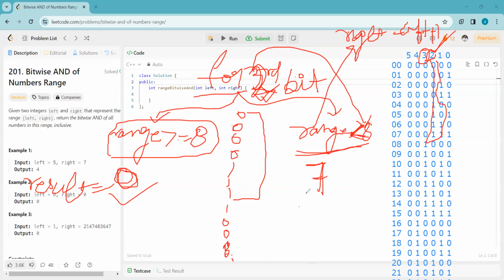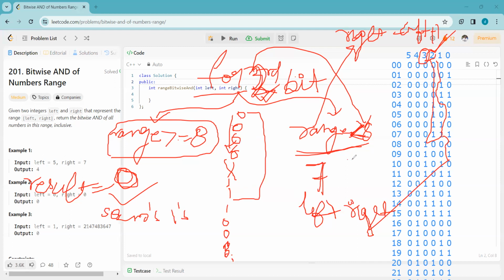That means the left and right bounds will cover some zeros, some ones.